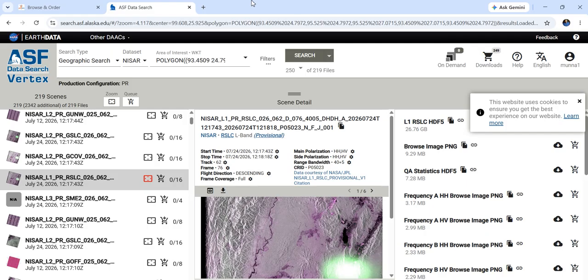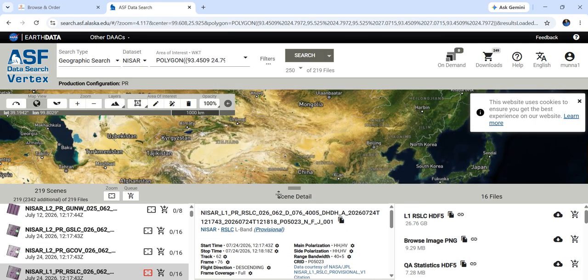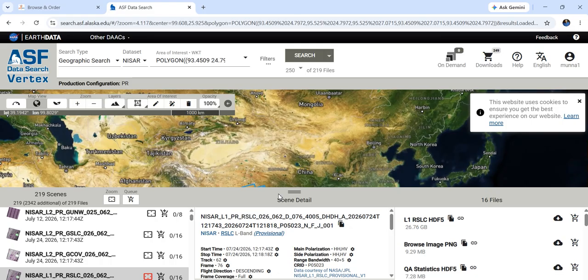So this is mostly used in earthquake deformation, ground subsidence, land subsidence monitoring, or landslide monitoring. And then volcanic inflation and deflation, and also infrastructure deformation. You can also use this data for long-term time series analysis. So if your objective is to perform any interferometric processing, then RSLC is the preferred product.